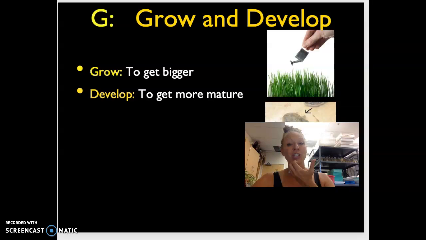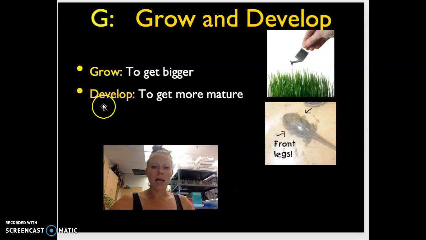So here's our first G, to grow and develop. Living things grow and develop, and understand that grow and develop are 2 different words. Grow means to get bigger, so the grass is going to get taller. To develop means to get more mature or to change shape. A tadpole will change shape and become a frog over time, so not only does it get larger, it also matures.